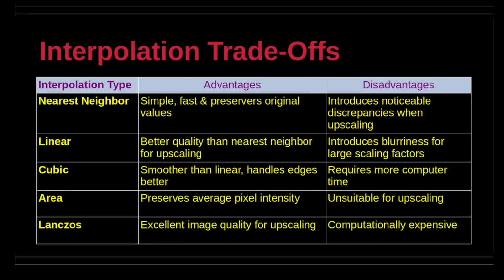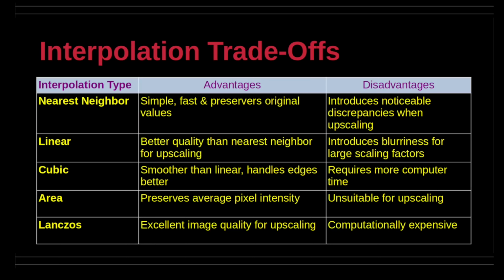The next method is area interpolation. The pros are preserves average pixel intensity, used for downsampling. The cons are introduces blurring and it's not suitable for upscaling. Finally, the last method is Lanczos interpolation.